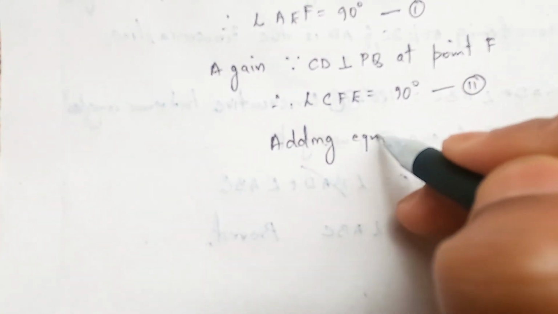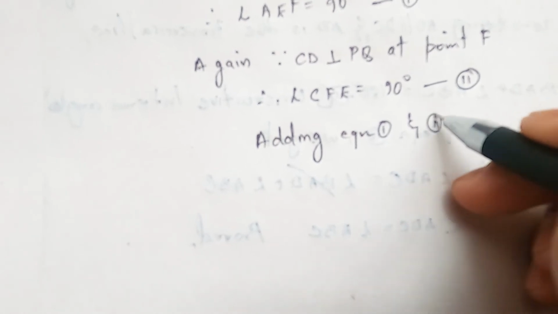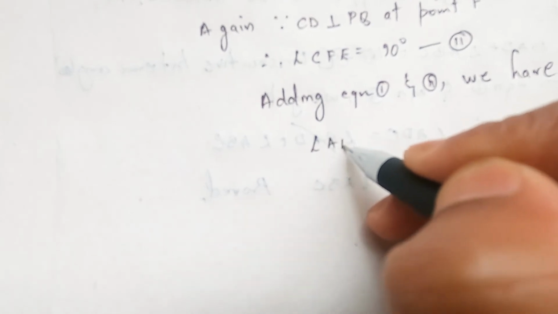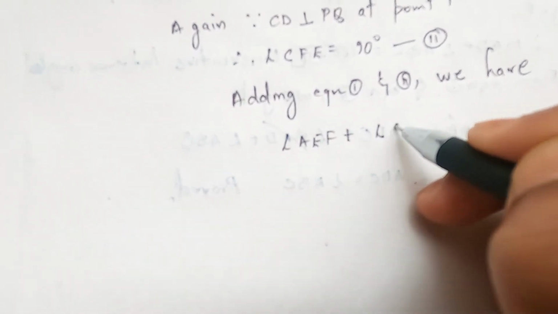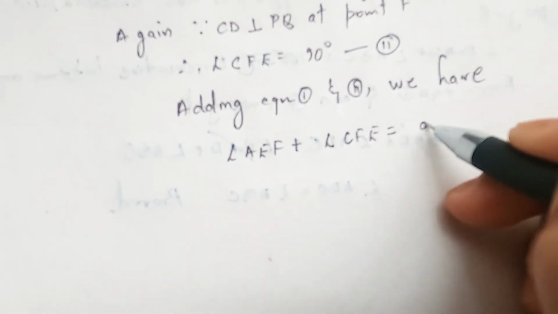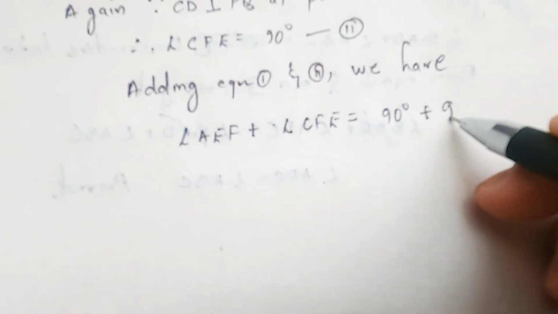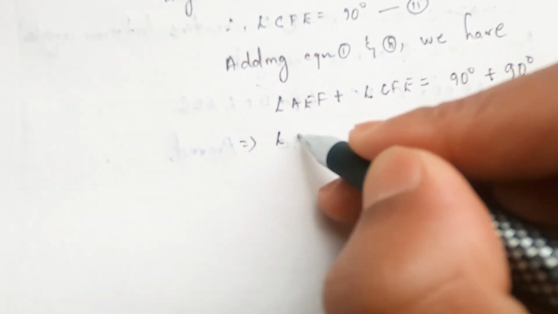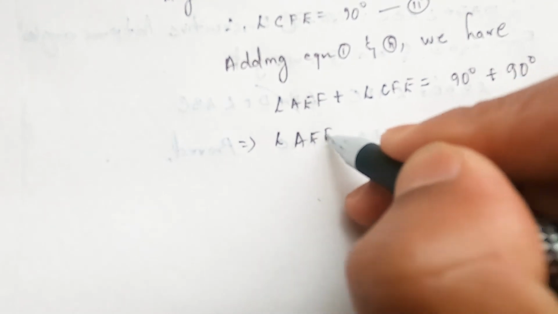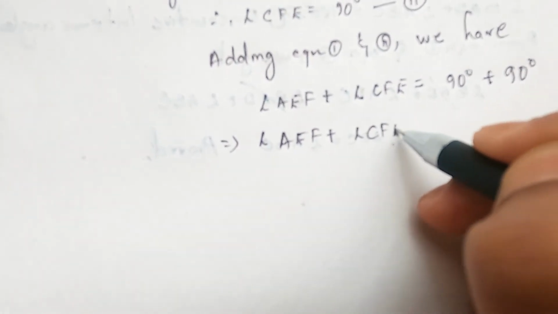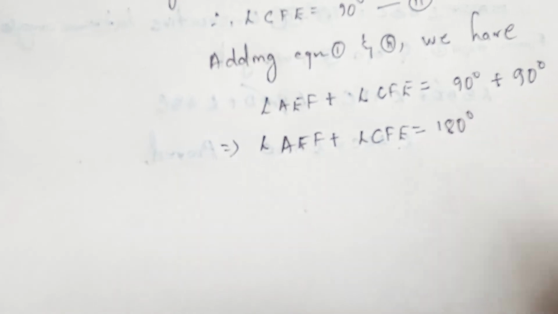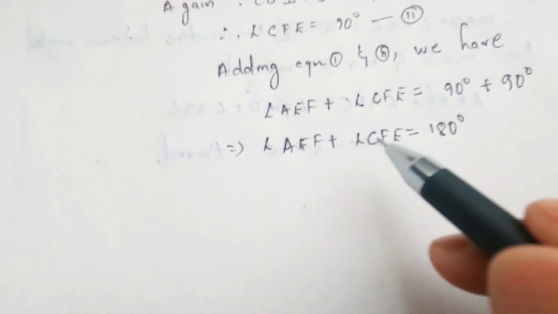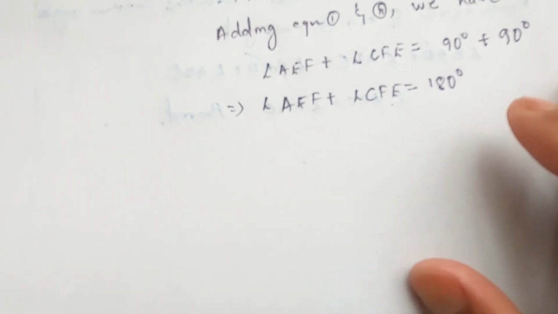Now what we will do is we will add equation 1 and 2. We have angle AEF plus angle CFE is equal to 90 plus 90, which implies that angle AEF plus angle CFE is equal to 180 degree, which are consecutive interior angles.